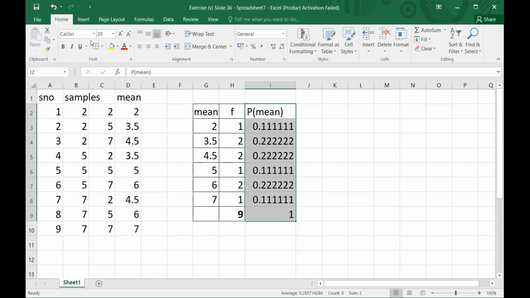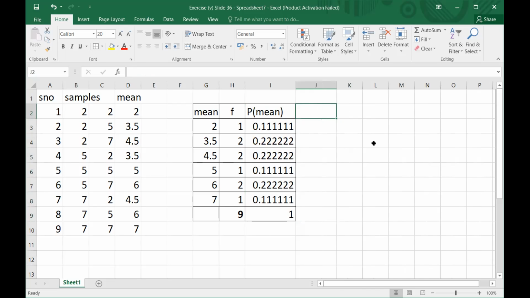Now we can calculate the mean and the standard deviation of the sampling distribution of mean by making 2 columns. One column is x bar into P of x bar, and the second column is x bar square into P of x bar. Mean multiplied by probability of mean is just the product of the 2 columns.